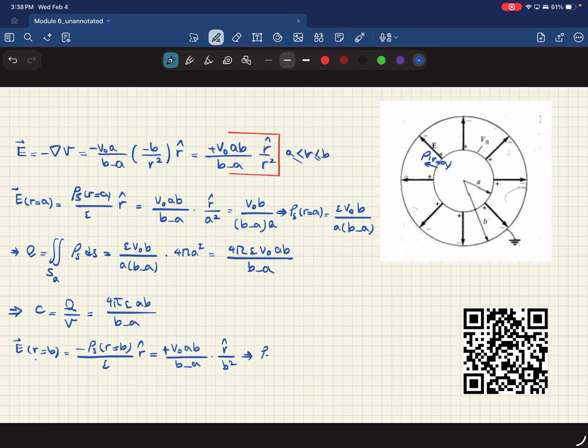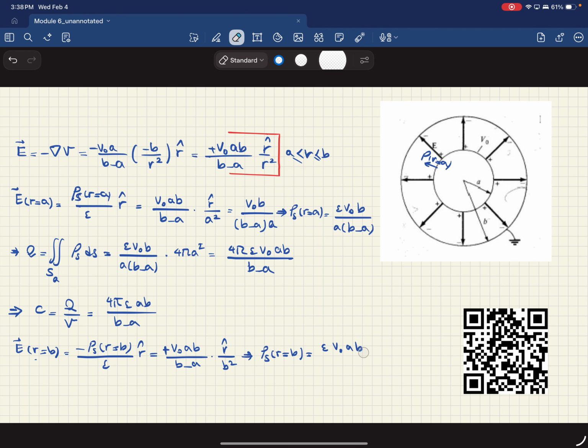Now, rho S at R equal to B is going to be epsilon V naught A B. One of the B's are going to cancel each other.